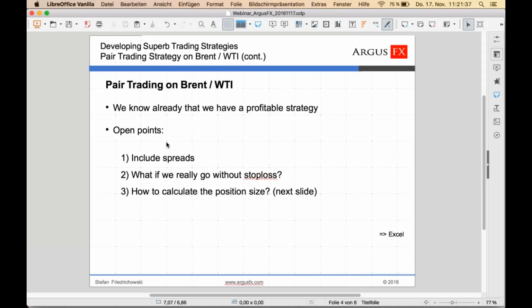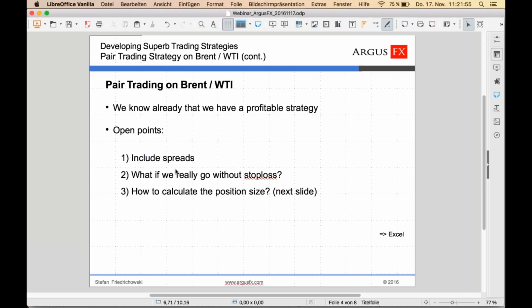What have been the open points? The open points have been that definitely we have to include the spread of our underlying. Then we have to ask ourselves, what will really happen if we go without a stop loss?